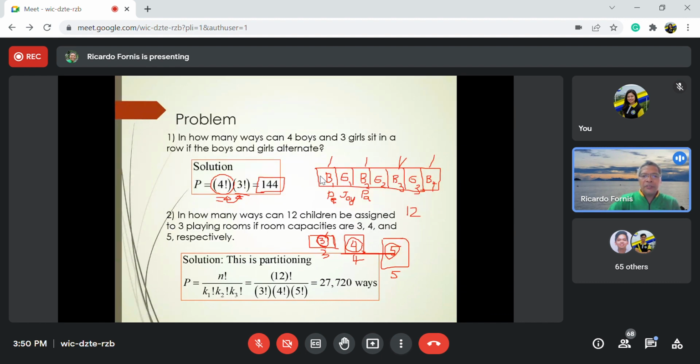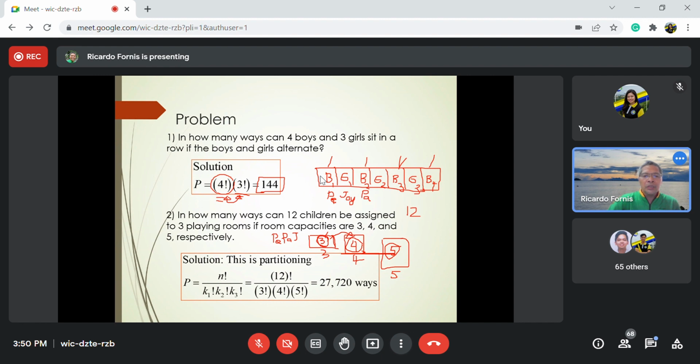Assuming that the 3 individuals here are, as an example, Pedro, Pablo, and Joy. Now, if the 3 persons in playroom number 1 are Pedro, Pablo, and Joy, then the arrangement would be different if Joy is transferred to the other room.